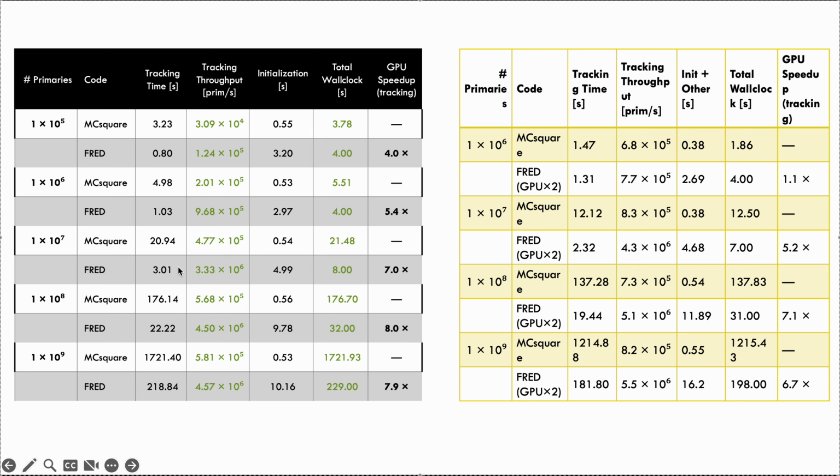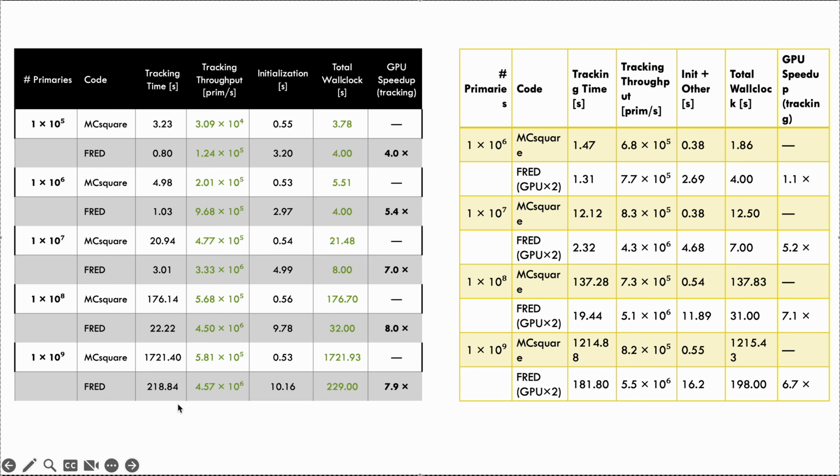For 10 million, a single GPU takes 3 seconds and two GPUs take 2.32 seconds. With 100 million particles, one GPU takes 22 seconds and two GPUs take 20 seconds, which is faster than one GPU.